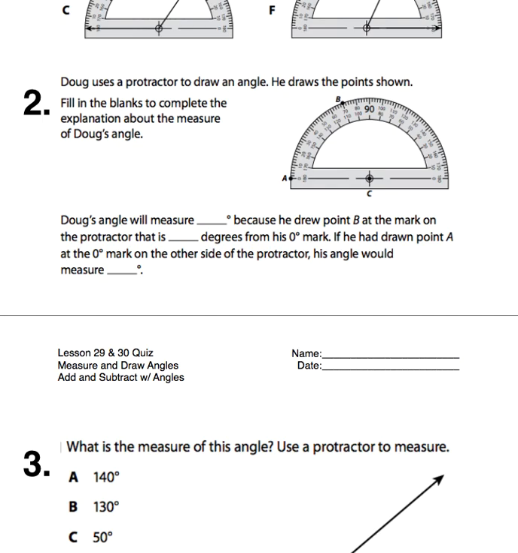All right, let's go ahead and answer the second sentence. If he had drawn point A at the 0 mark on the other side of the protractor, his angle would measure blank.